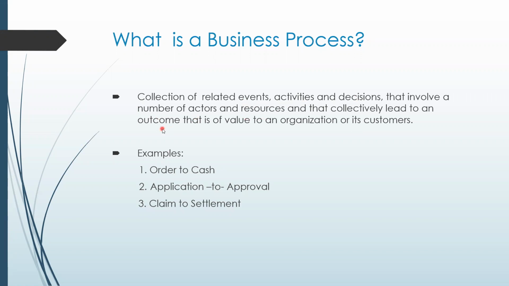So 6 entities need to be satisfied in order to call a process a business process. So what are those? Events, activities, decisions, actors, resources, and outcome, of which the most important one is the outcome.